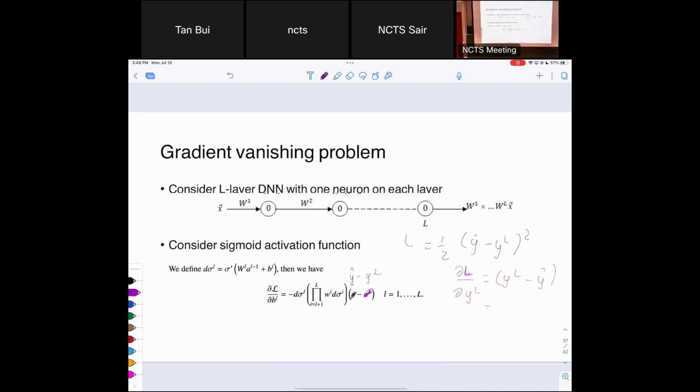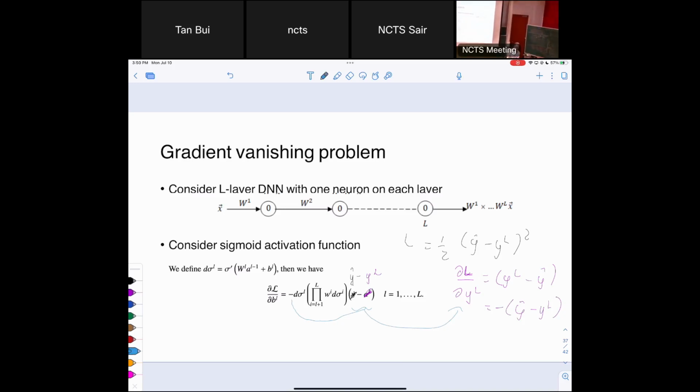I just wrote this as the negative of y hat minus y_L. It doesn't matter. So the minus sign together with this, I'm sorry for the confusion, is nothing more than dL over dy_L.